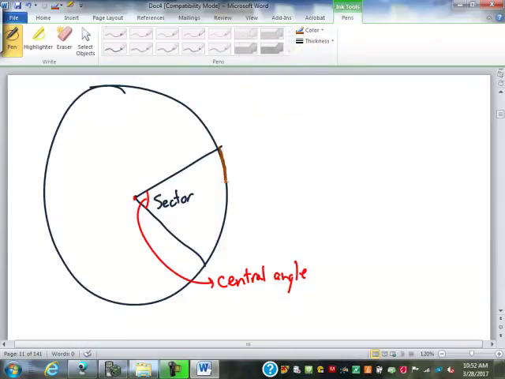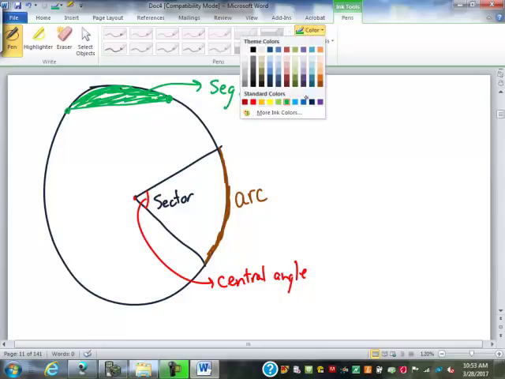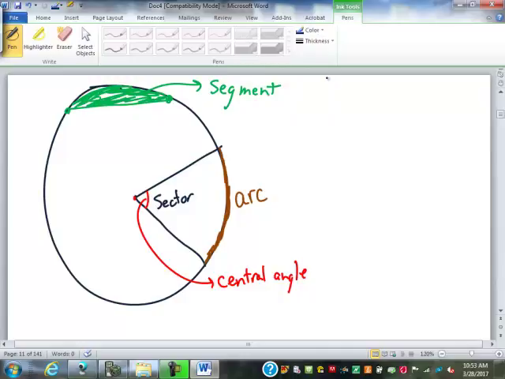It cuts out a piece of the circle, which is called an arc. If I construct a chord, this piece of the circle that is sliced off by that chord is called a segment. Those are all ones we've seen before as well.